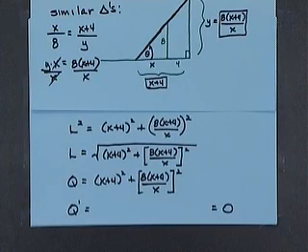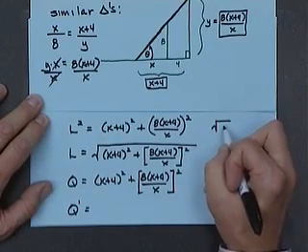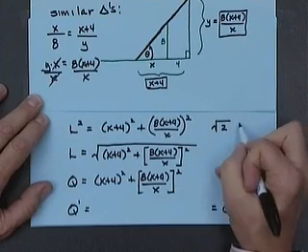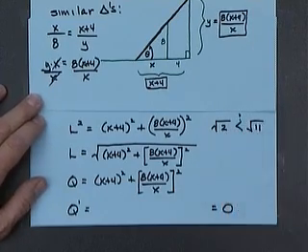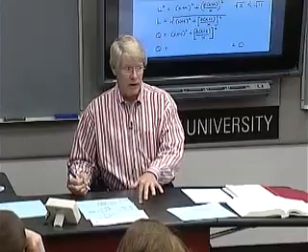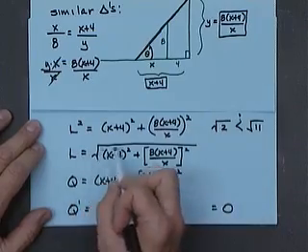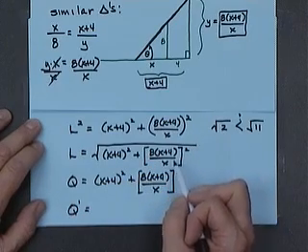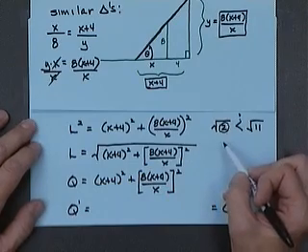How did we just get rid of the radical again? How do you know that the square root of 2 is smaller than the square root of 11? How do you know that? 11's a bigger number. Because 2 is a smaller number than 11, right? So can you make a quantity that is a square root small by making the stuff that's under the square root small? That's what we're doing.